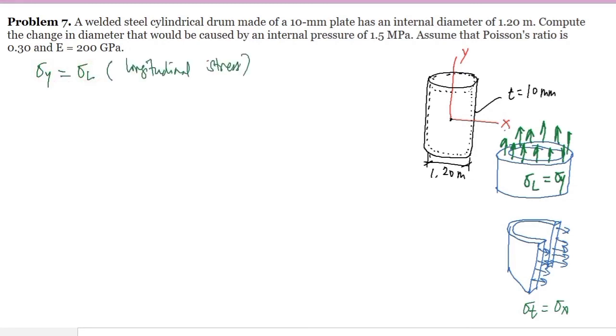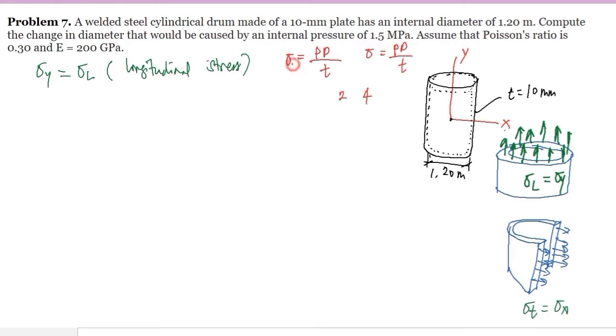Now if we are going to review the formula, we have the same formula for the longitudinal and tangential stress. Since the formulas look alike, we know that stress is equal to PD over T, and we have here PD over T. Now we will be choosing between 2 and 4.